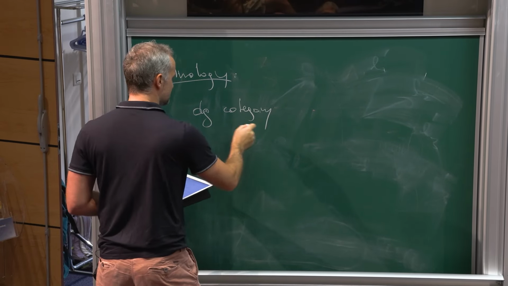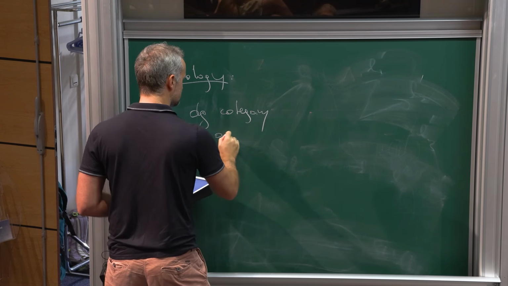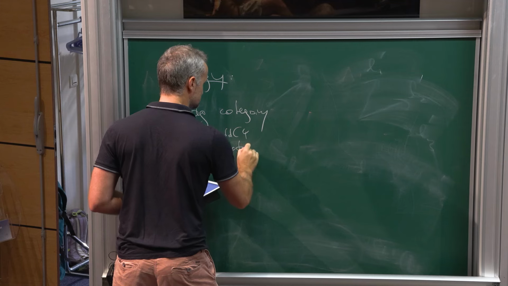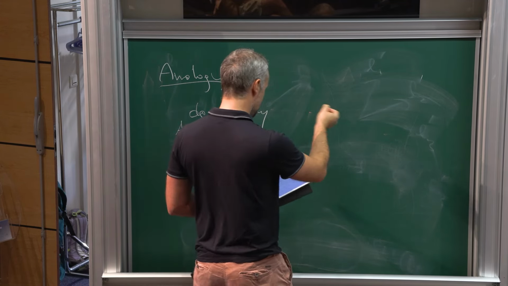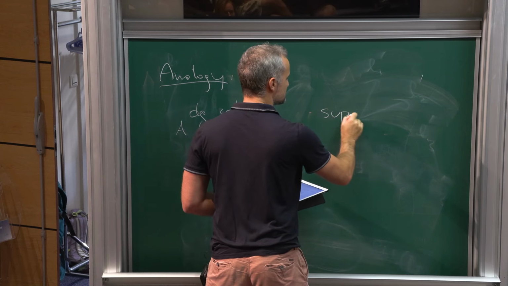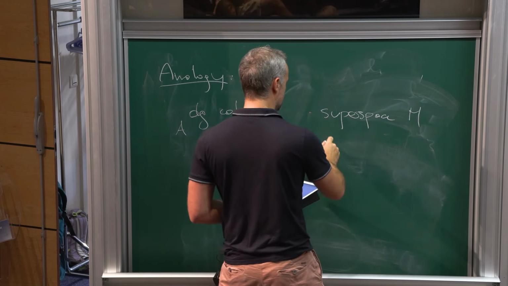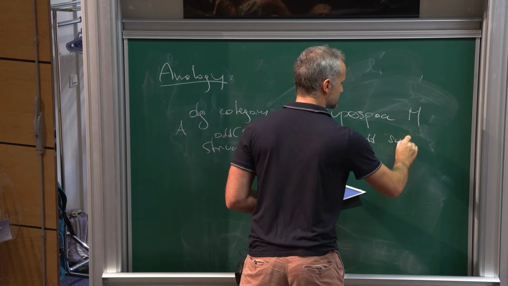So a DG category A with an odd Calabi-Yau structure I want to think of, in this analogy, as a superspace M with odd symplectic structure.